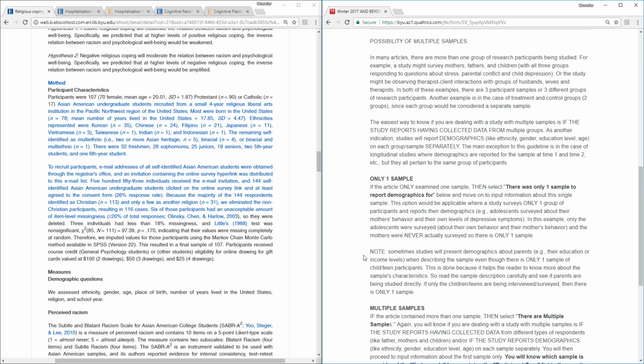Sometimes articles will present demographics or data from two groups, but there will still be one sample of participants. An example of this would be a research article that collects data from school-aged children, but also has a short interview or collects a small amount of data from parents.